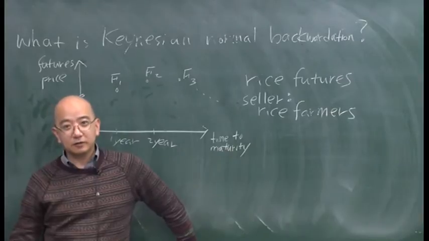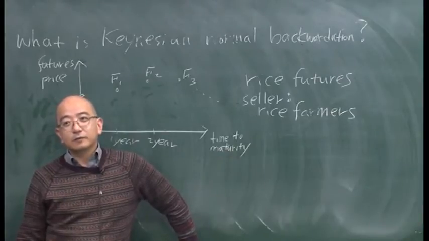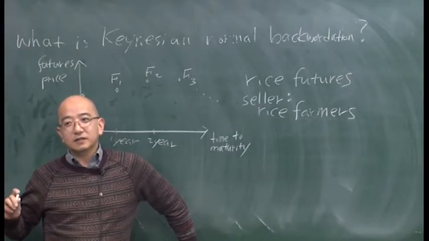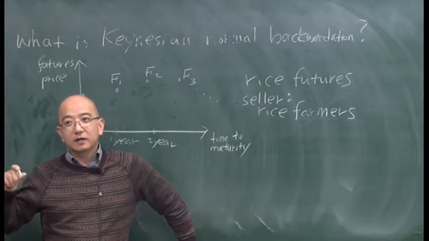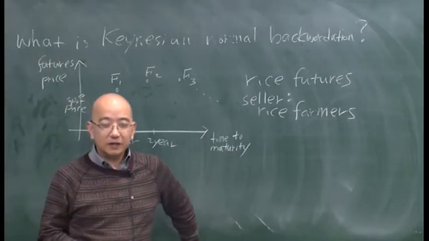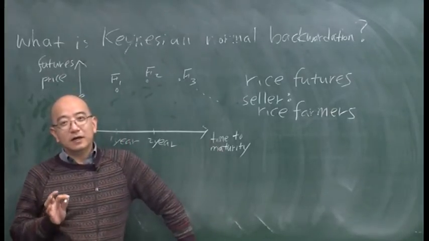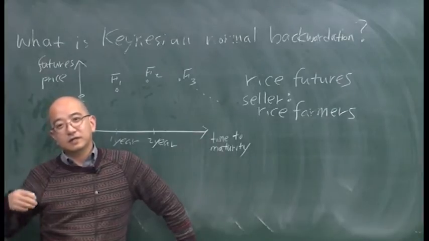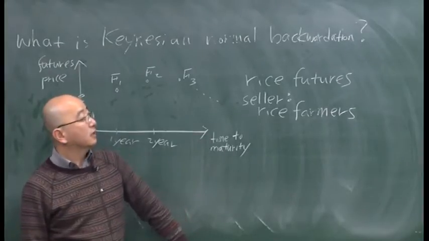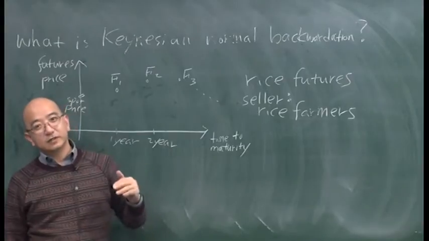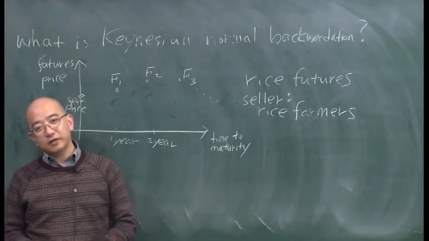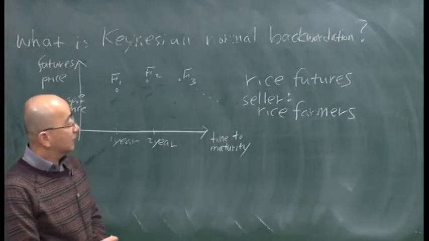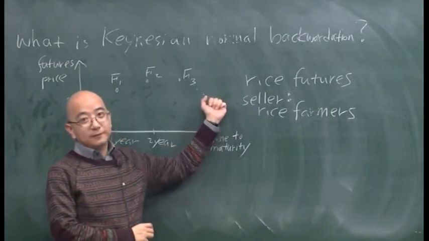Maybe in summer, rice farmers will be worried that if the price of rice in the fall is lower than what they expected, then they'll have less income. Of course, if the price of rice in the fall is higher, then they'll have more income, but they can reduce this risk of fluctuating income by getting into rice futures contracts.